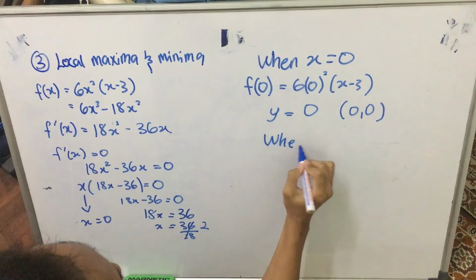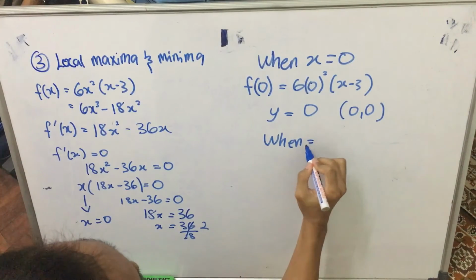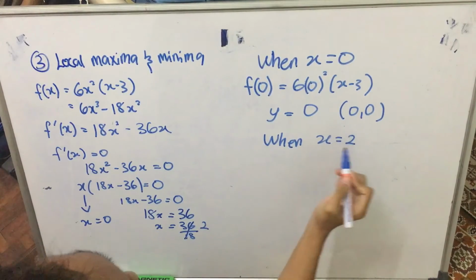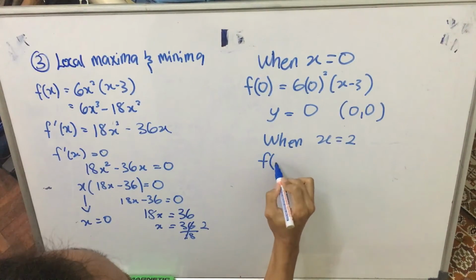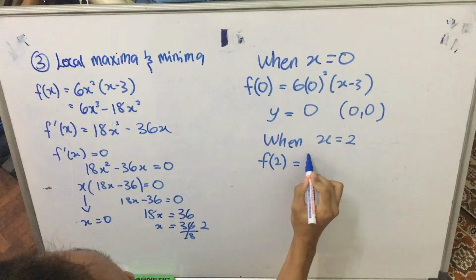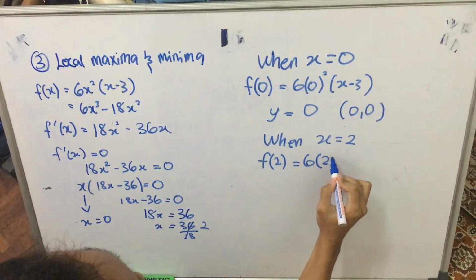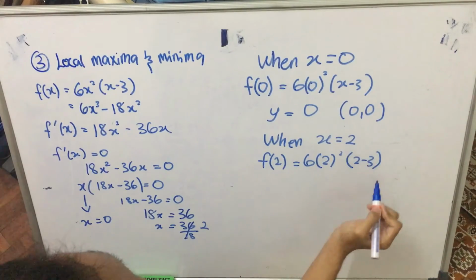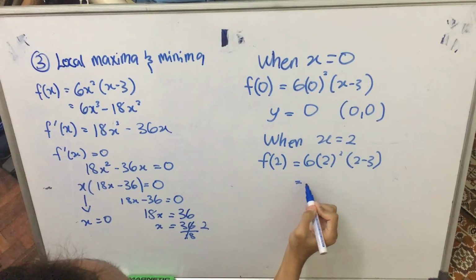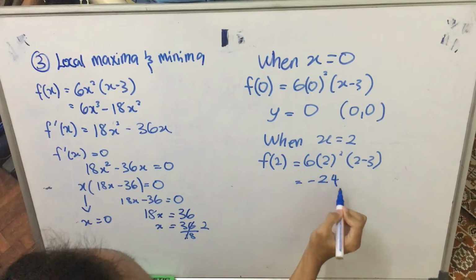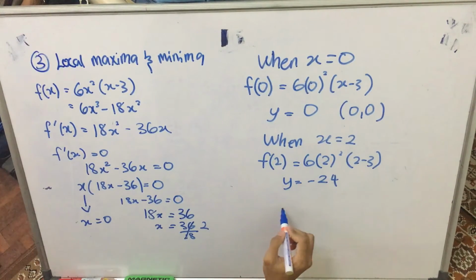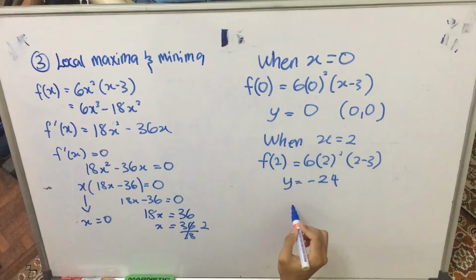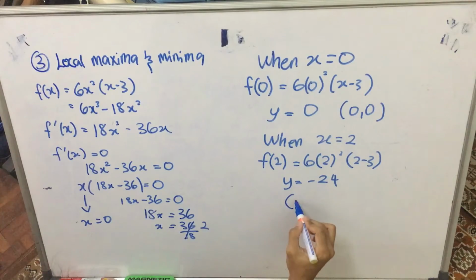When x is 2, we get negative 24. So this is the y value, and the critical point will be 2 and negative 24.